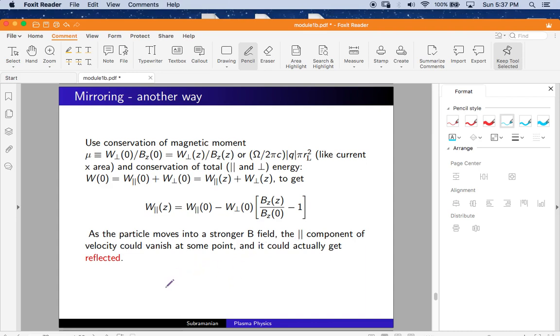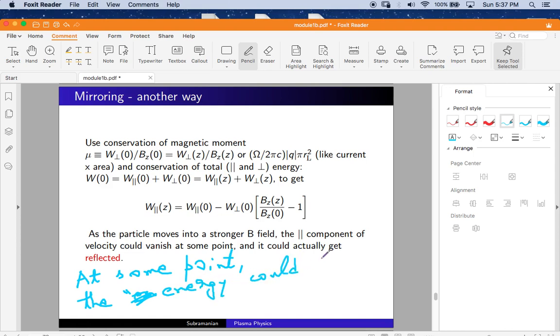At some point, the energy could be all perpendicular, and this is the point where the mirroring happens.